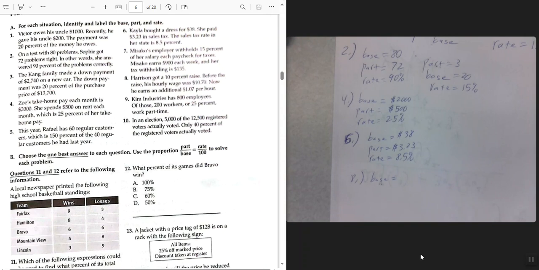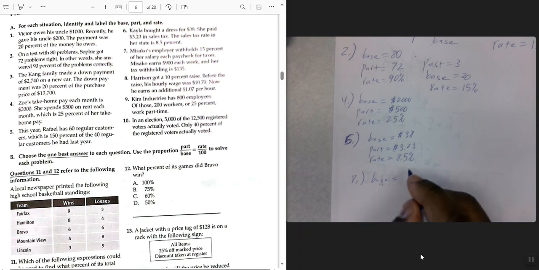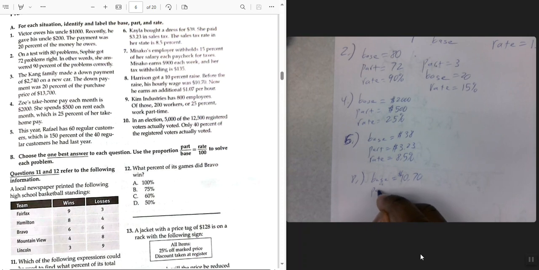And that was the base salary, which was $10.70. The part is the amount of additional money that Harrison received per hour, which is $1.07. And then the rate is the percent of the raise, which is 10%.